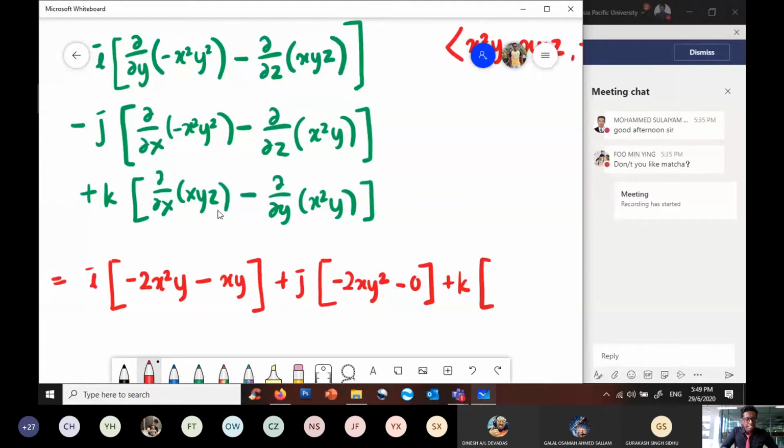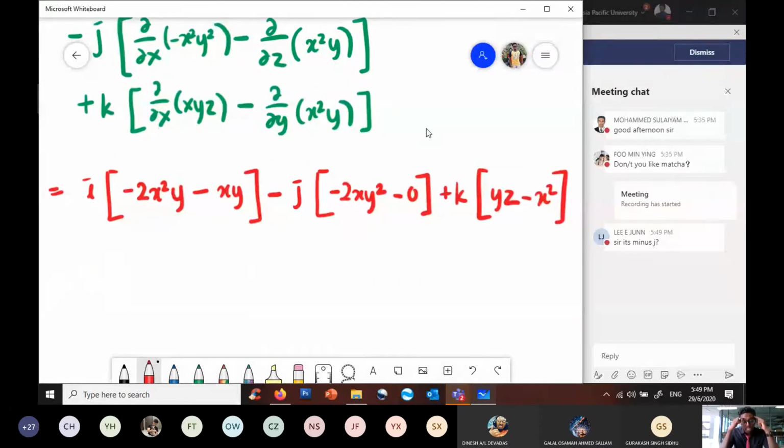Differentiating this with respect to x, I would get yz. Differentiating this with respect to y, I would get x square. Okay, it's minus j. Oh, yes, sorry. Thank you for reminding me. Minus j. It should be minus, yes. Only for the j, it's minus.